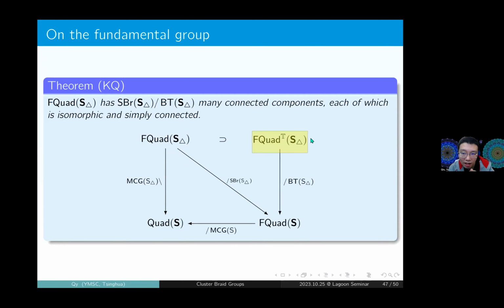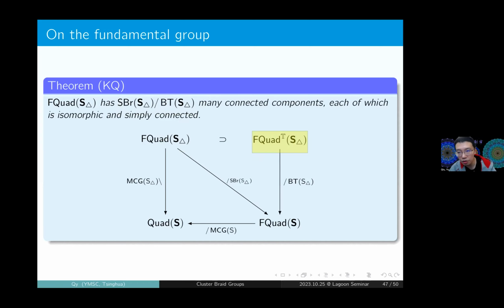So this is where it gets interesting, because for people who study quadratic differentials, they want to study the topological information, like pi1 or pi0. So if you calculate pi1 of this, this is not even connected. What we find is that the number of connected components is parameterized by this quotient group. And in order to study pi1, you need to take a connected component.